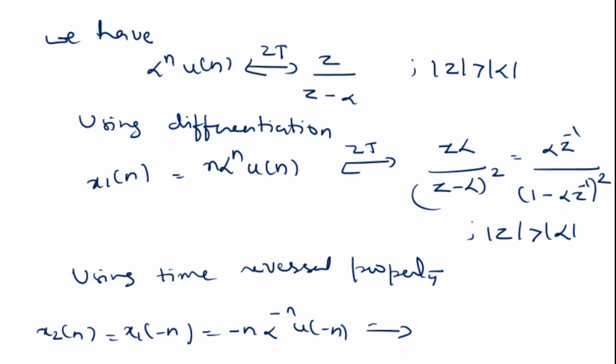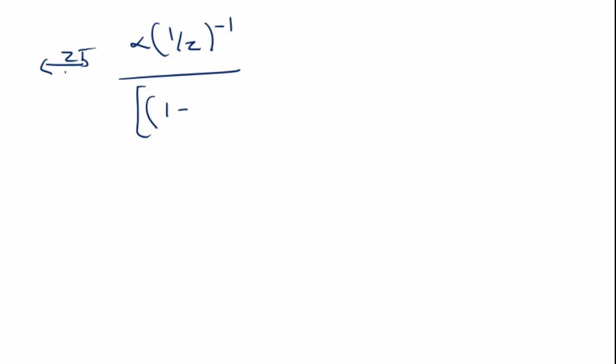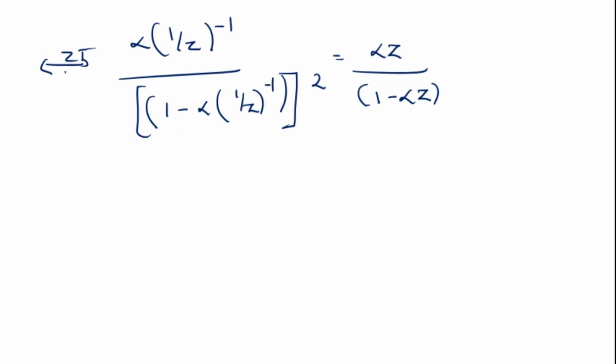If we take z transform, we get alpha into 1 by z whole inverse divided by 1 minus alpha into 1 by z inverse whole square, which is equal to alpha z divided by 1 minus alpha z whole square, with mod z is less than 1 by mod alpha.